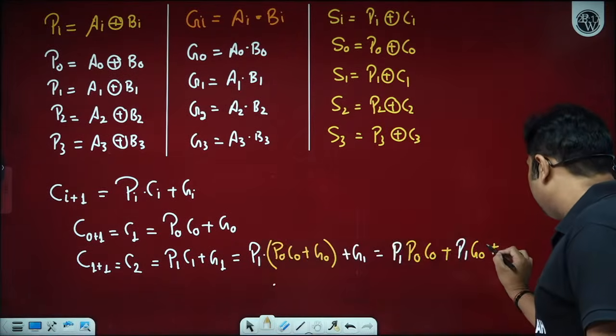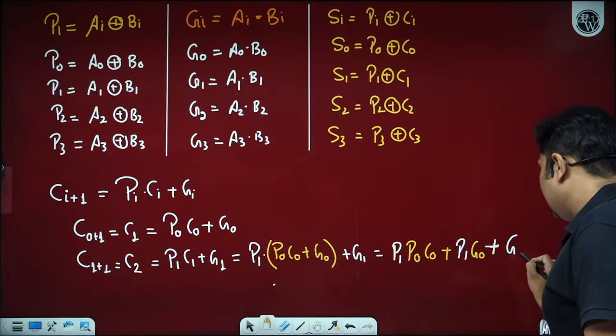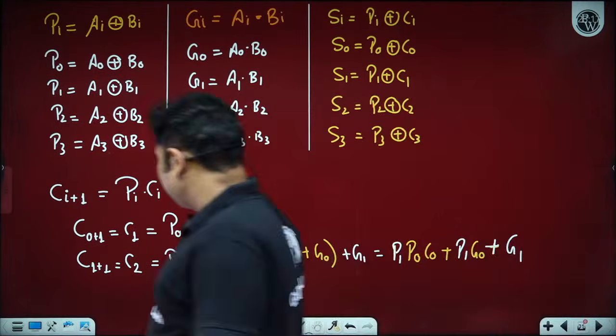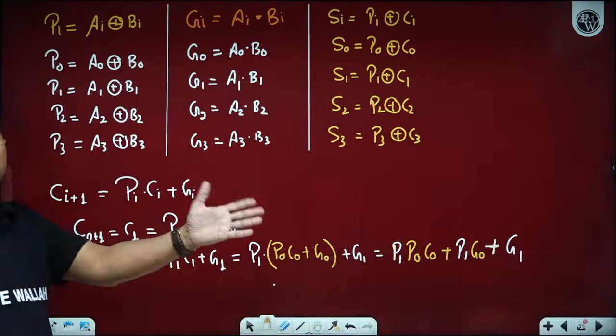If we have the information of initial carry C0 and all the generating and propagating terms, we can generate C2 as well.